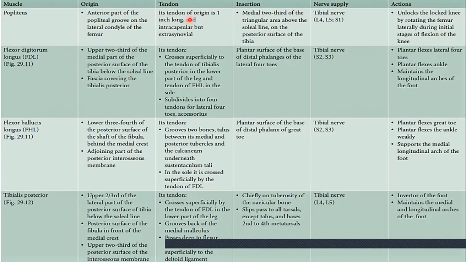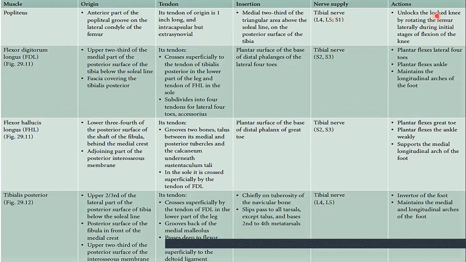So how does its tendon move? Its tendon of origin is 1 inch long, and it is intracapsular but extrasynovial. So the tendon of popliteus muscle is found within the knee capsule but outside the synovial membrane. Intracapsular but extrasynovial. Supplied by tibial nerve.